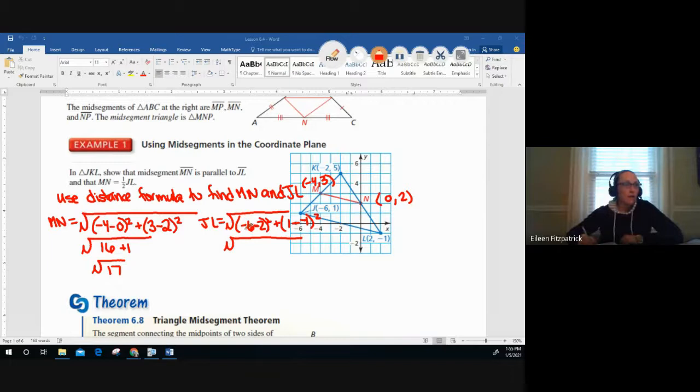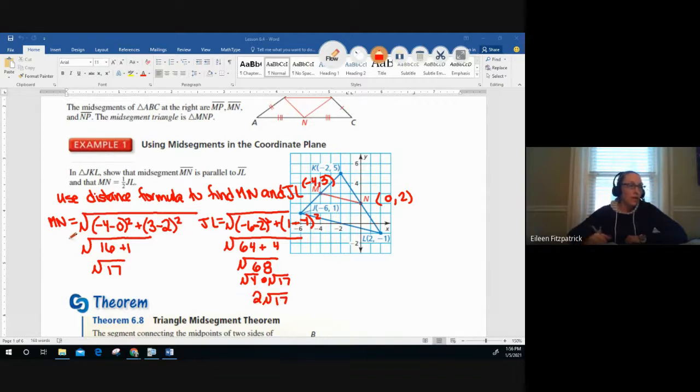So -6 minus 2 is -8, -8 squared is 64. 1 minus -1, that's 1 plus 1, which is 2, and 2 squared is 4. So I have the square root of 68. We are going to want to simplify that. That can break into the square root of 4 times the square root of 17, and the square root of 4 is 2, so we have 2 root 17.